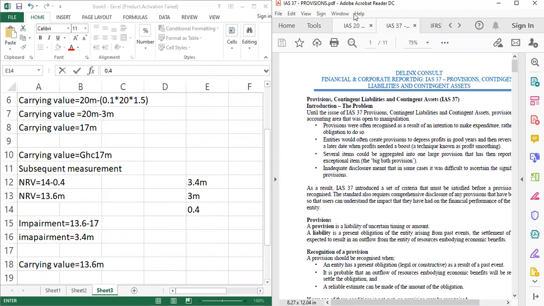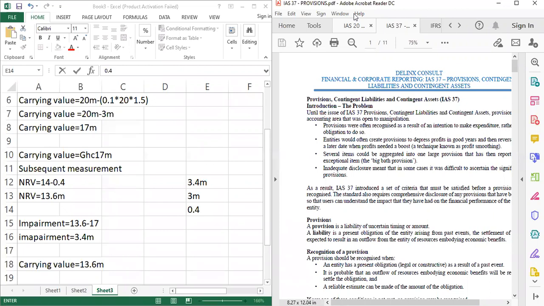The provision that we are talking about here is a liability that is going to be incurred in the future, but you don't know when you are going to incur it. Say you were asked to buy safety equipment for all your workers. You didn't buy, and one of them got injured during working hours and has taken legal action against you.